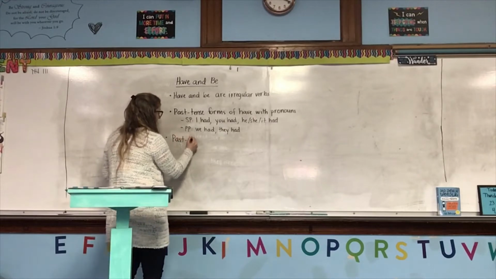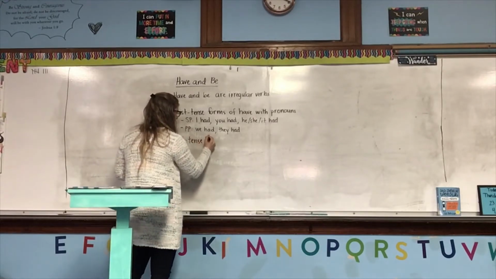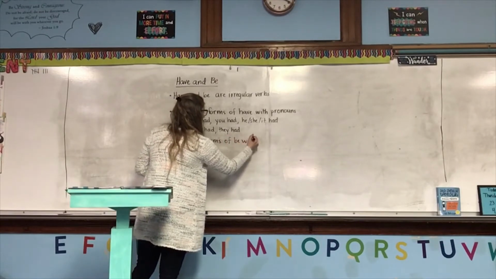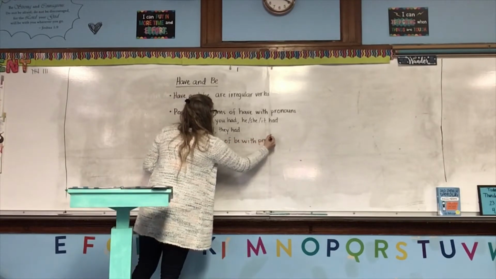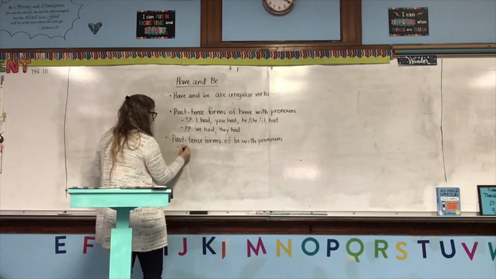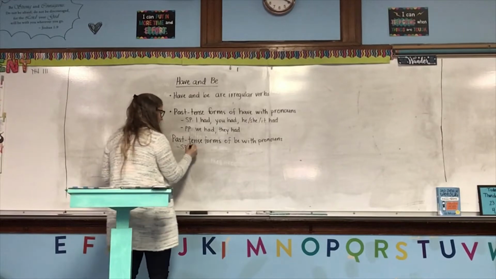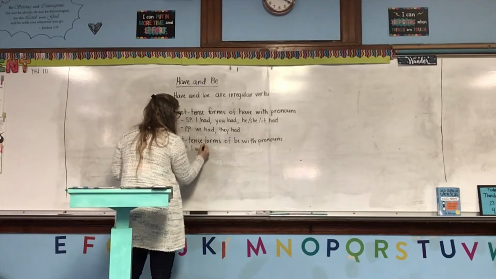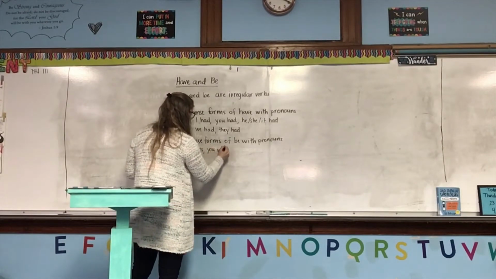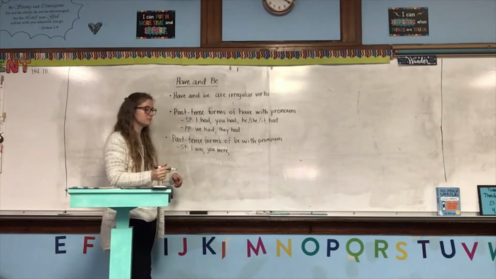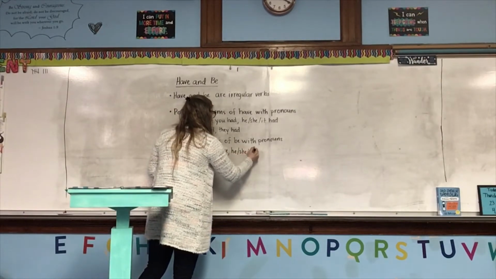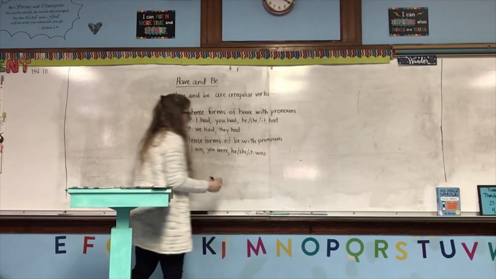Now, the past tense forms of be with pronouns. For singular pronouns, I was, you were, he, she, or it was.